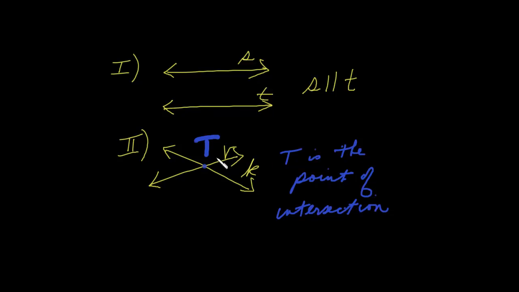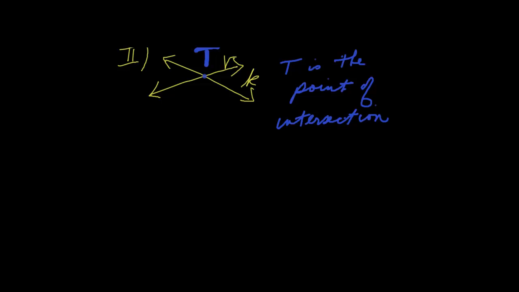So if you have 2 lines that are not parallel, then they will cross. Now the third thing we're going to take a look at in terms of 2 lines is a particular case. Let's go with a line N and a second line.